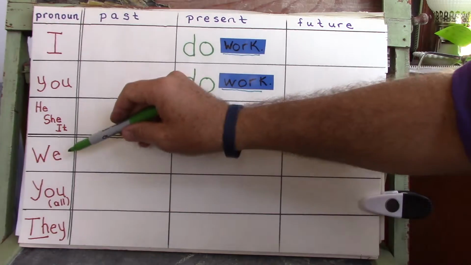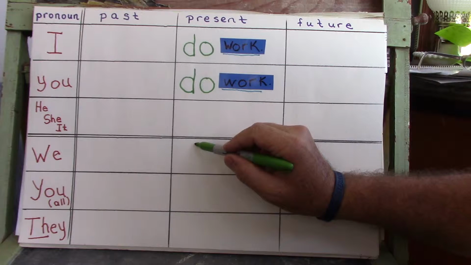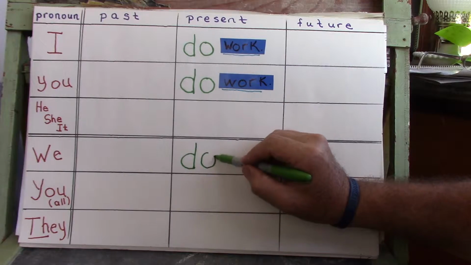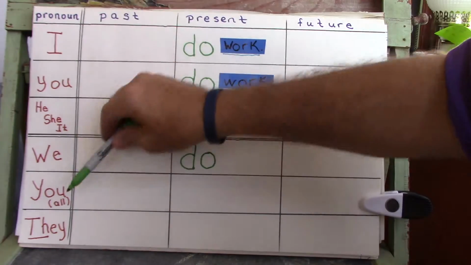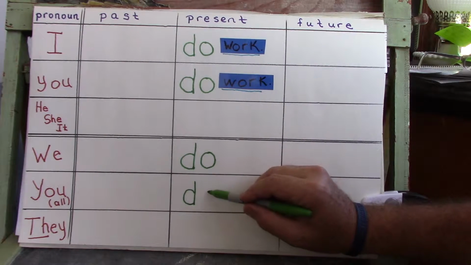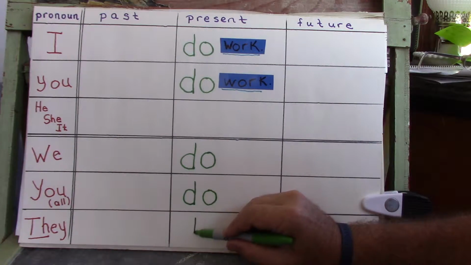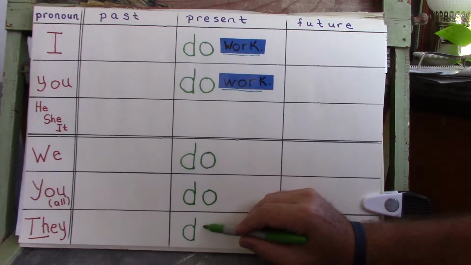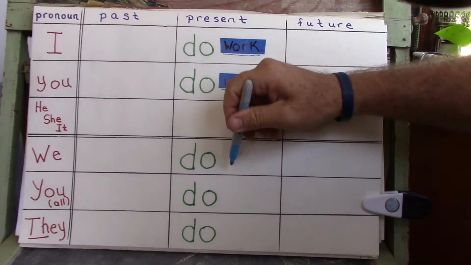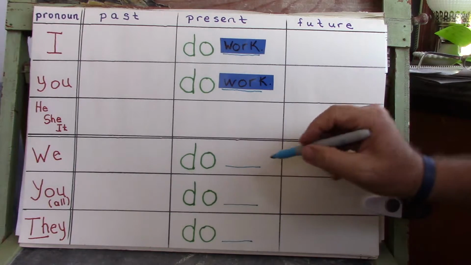Alright, we're going to skip down to we. The auxiliar verb for we is also do. The auxiliar for you all is also do. And the auxiliar for they is do. Again, followed by any infinitive action verb.